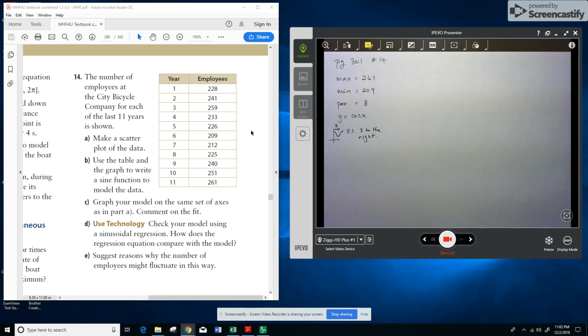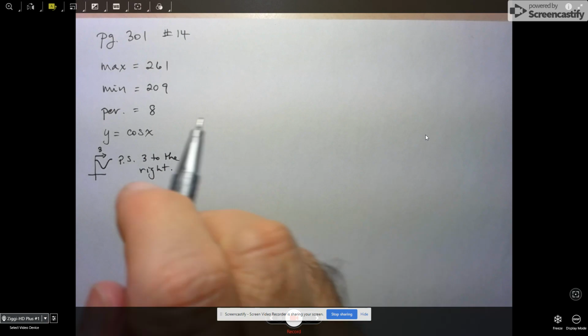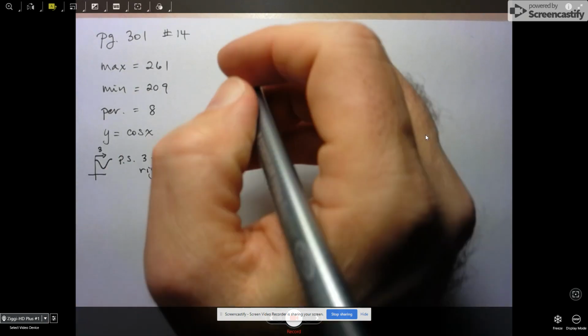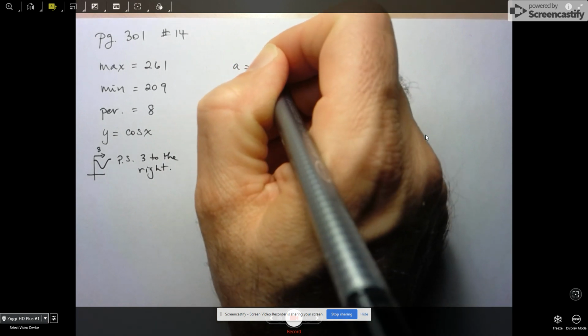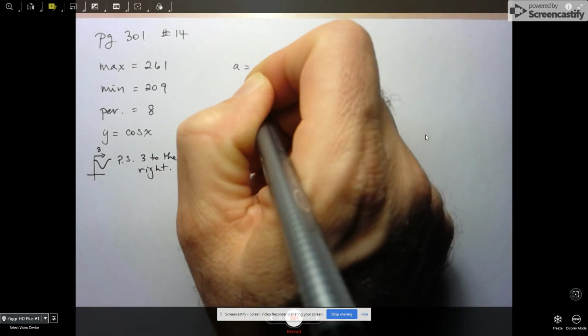It looks like we have enough information here, and I don't think I need the data anymore. So let's maximize this here. Now let's start finding our parameters for our function. Our A value is going to be equal to 261 minus 209 divided by 2.